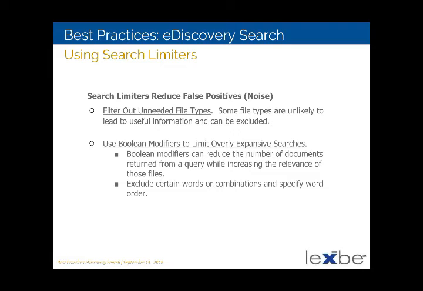This can also be important if you're doing a privilege search and you just do a blanket search for the words work product. A lot of emails will be titled attorney-client or work product so that those are not discoverable at the time of production. However, most of us that are involved in the legal world also have the words work product in our email disclaimer at the bottom of our email.